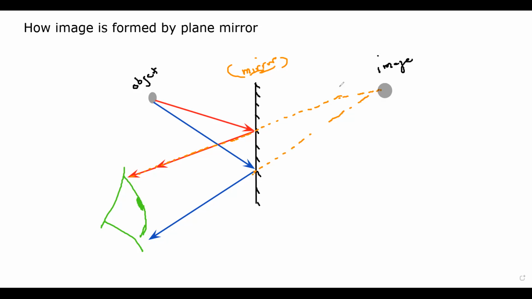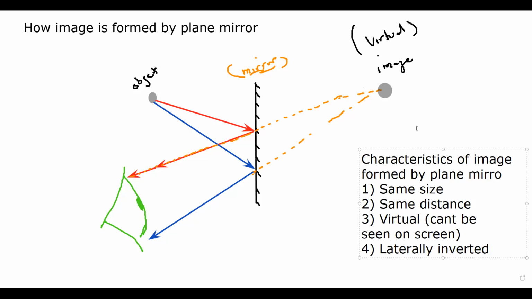In reality, nothing is there at the back of the mirror. It is just our imagination which creates this image, and that's why this image is known as a virtual image, because it is imagination, it is not real. Our brain only creates this image.